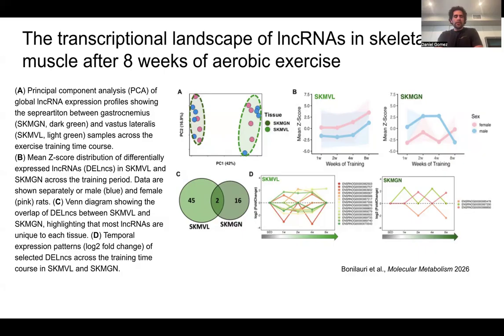And there's data showing the separation in male, in blue, and female, in pink. So the female in pink is under the male in the gastrocnemius, and then above in the vastus lateralis, which are two different muscle organs.